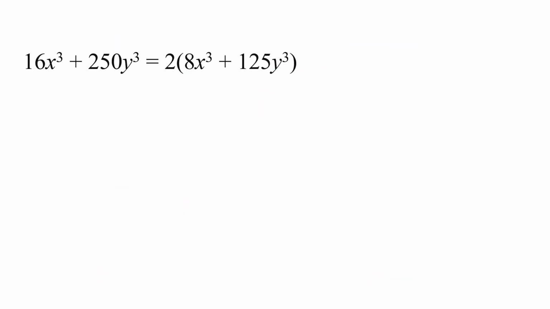Right, so let's look at an intermediate question. This question is intermediate in the sense that we cannot express 16 as a perfect cube. But if you look at 16 and 250, there's a common factor 2 that you can extract. Once you extract it, you're left with 8x cubed. Of course, 8 is a perfect cube; you can rewrite it as 2 to the power 3. Likewise, 125 you can rewrite as 5 to the power 3.